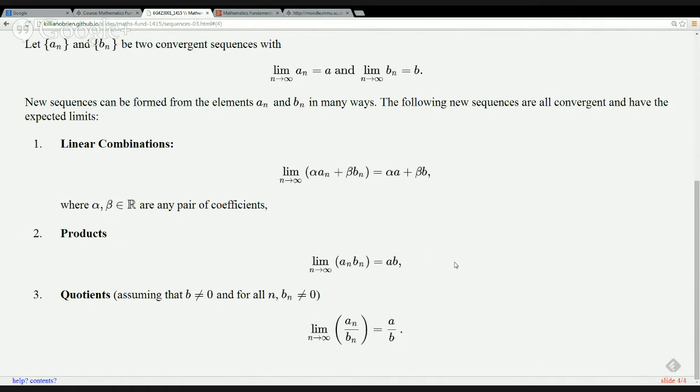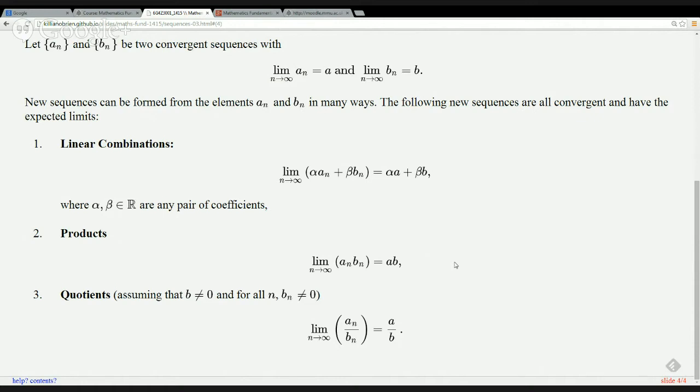So the linear combination of the 2 sequences will converge to the linear combination of the limits. The product of the 2 sequences, case 2, the limit of AN times BN, converges to the product of the limits. And lastly, the limit of the quotient is the quotient of the limits, with the small proviso that we must avoid having 0 in the denominator. So the third case only applies when the sequence B, none of its terms are 0 and its limit isn't 0. Okay.